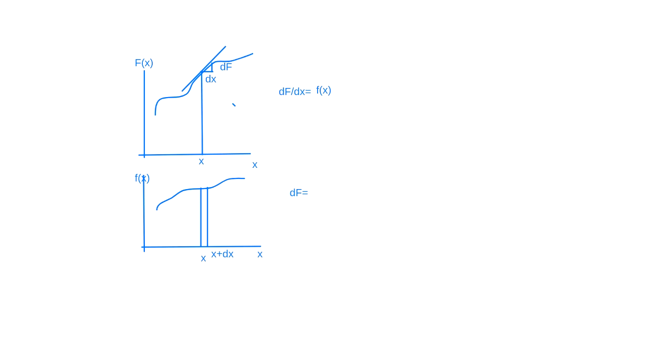Now f(x) is the height of this rectangle, right? It's the function value of x. dx is this base here. So f(x) times dx is the interpretation of an area, the area of this vertical strip, right? So we have now established that the increment in capital F is equal to this area under the curve f(x).